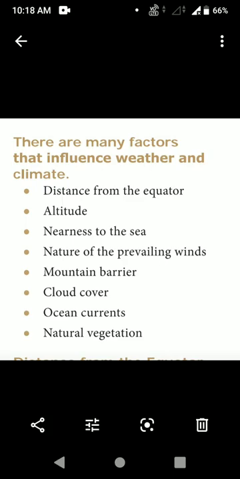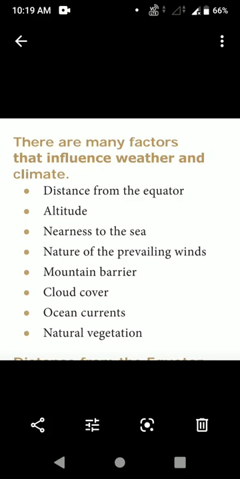So the weather will change often, hour to hour, day to day. Weather in the sense sunny, windy, rainy, chilly, stormy. These are the weather. And climate in the sense warm climate, monsoon, wet climate, extreme climate, and cyclone. These are the climate.